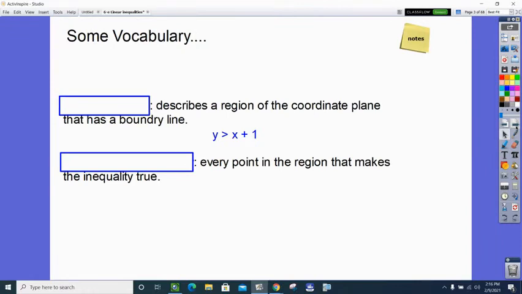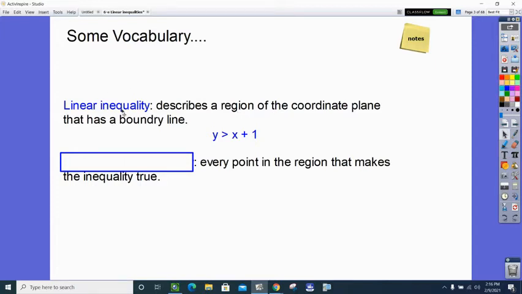Okay, so today, before we get started, this is going to be an inequality that we're going to graph. And the linear inequality describes a region. It's not going to be a single point like when we solved a system of equations. Remember, we would have a single point or no solution or infinitely many.